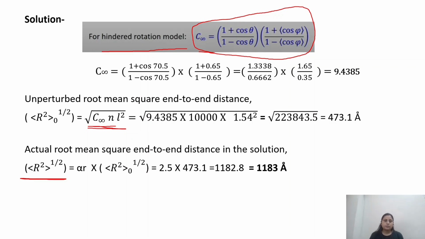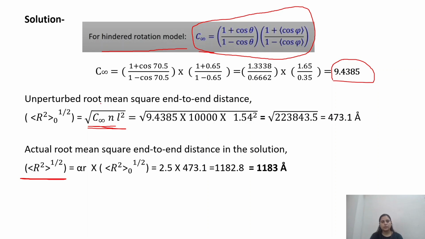So for the characteristic ratio, theta value equals 70.5. So 1 plus cos 70.5 divided by 1 minus cos 70.5, multiplied by 1 plus 0.65, since the cos phi value is already given, divided by 1 minus 0.65. We calculate and get the characteristic ratio as 9.4385.